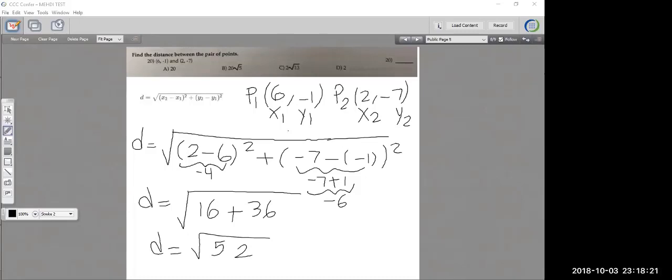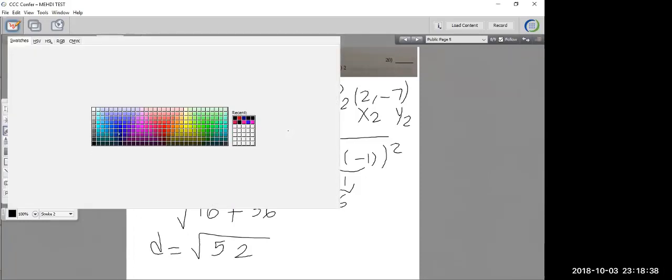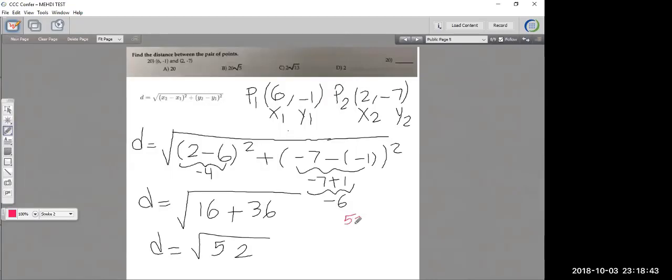Now, you can write it as the square root of 52, or you can simplify that. The square root of 52 is not one of the options here, so I need to simplify that. Let's break 52 into its prime numbers, see if I can reduce that.